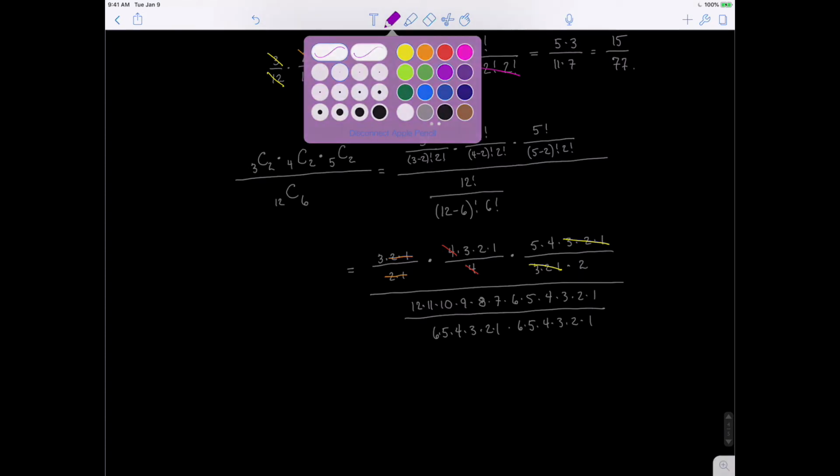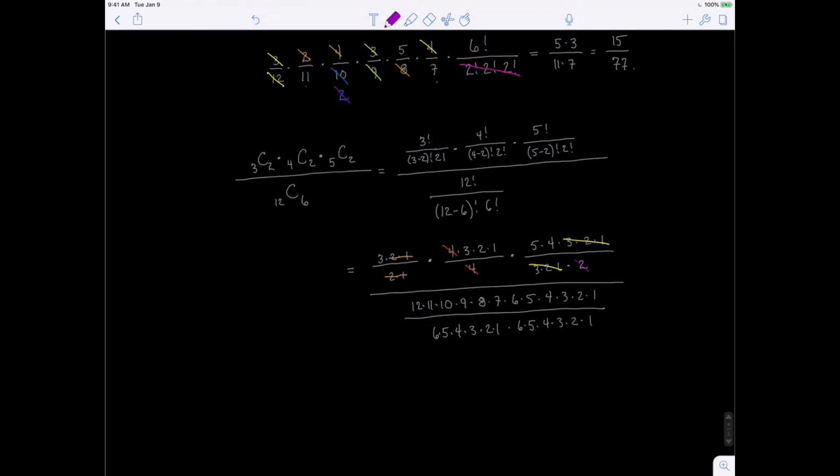Notice again that we have a 2, and that'll reduce that 4 to a 2. That gives me a 3 times 2 times 1 times 5 times 2 in our numerator.